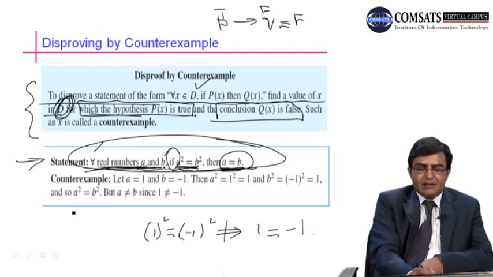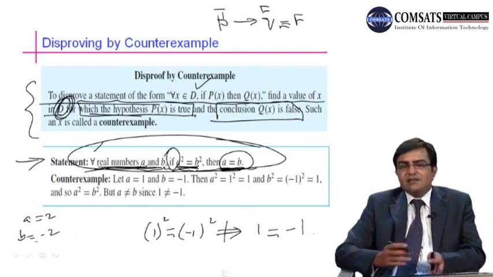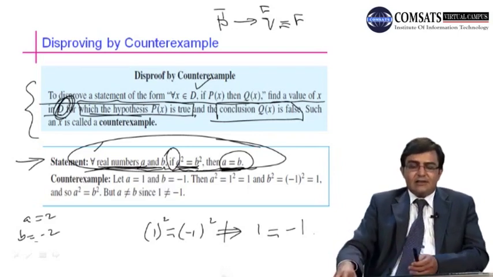For example, if we take a equal to 2, b equal to minus 2, a equal to 3, b equal to minus 3, all these examples are counterexamples for this statement. So this is how we can disprove a universal conditional statement to be false if we are unable to prove it by the direct method of proof. Consider another example here.